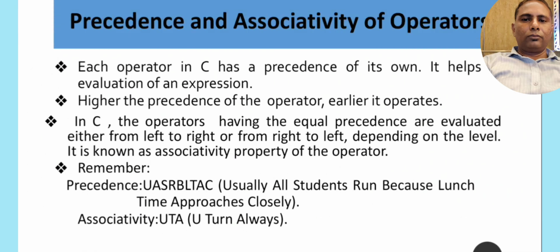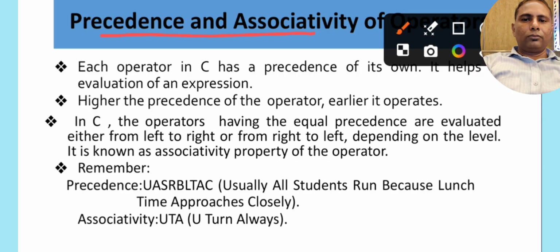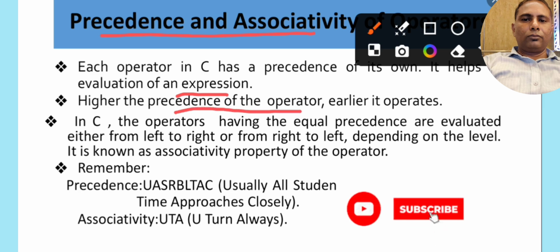Now, what is the meaning of precedence and associativity of the operators? Precedence and associativity help in the evaluation of expressions. The higher the precedence of an operator, the earlier it will be operated.